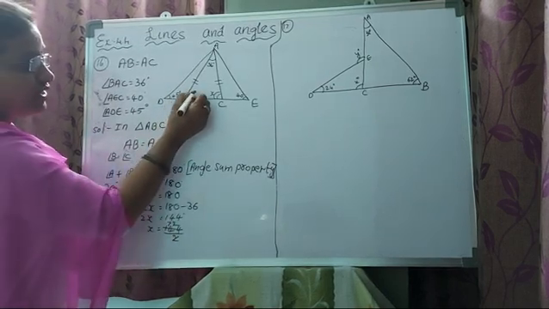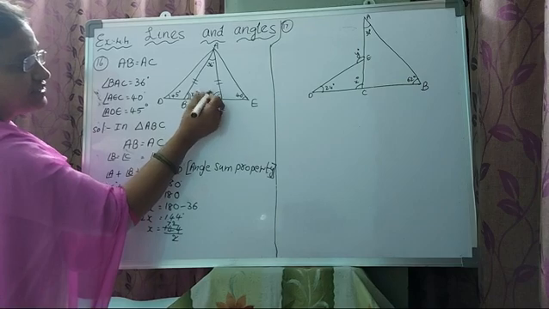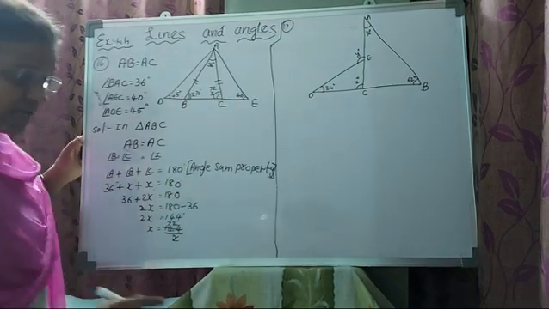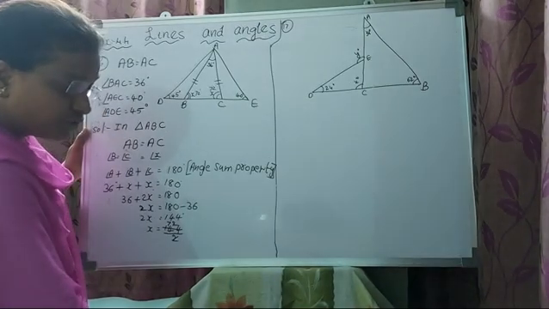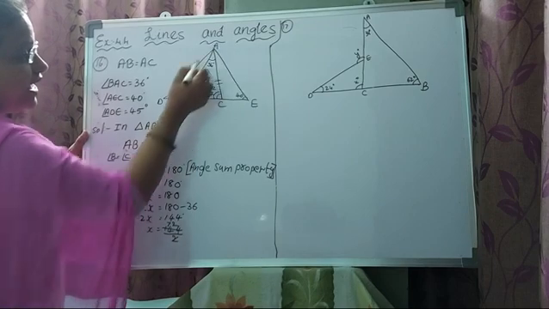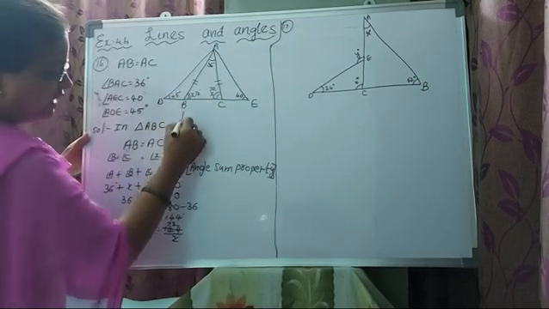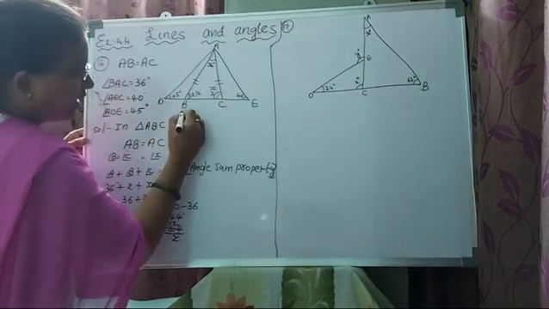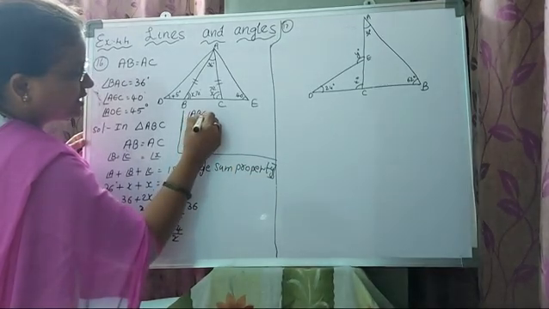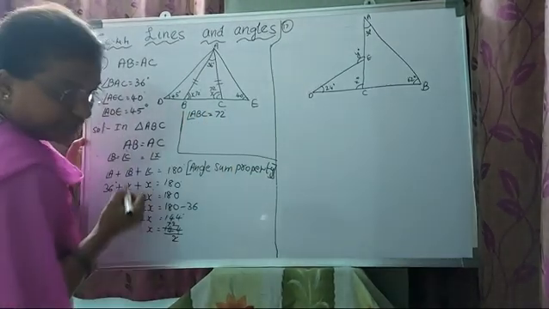If B is 72 degrees and C is also 72 degrees, what did they ask you? They asked you to find out angle ABC. Angle ABC is equal to 72 degrees.